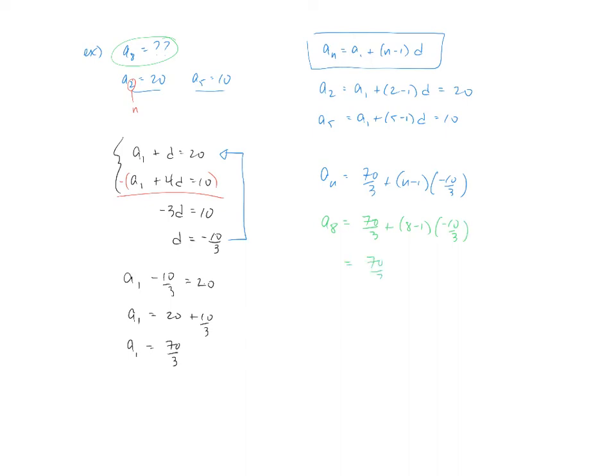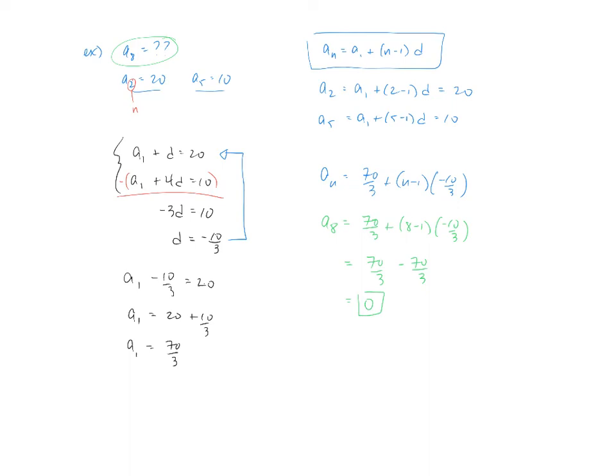And so we have 70 thirds minus 70 thirds, which would equal 0. So the 8th term of the arithmetic sequence, whose second term is 20 and fifth term is 10, is 0.